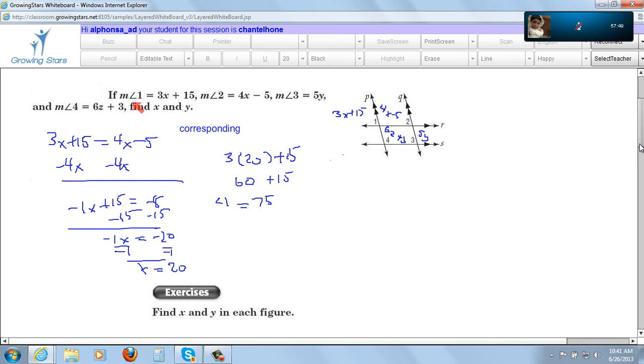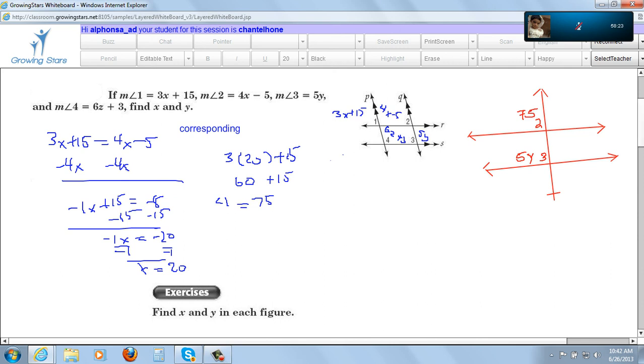Now we are trying to find the value of y, and y is related to the measure of angle 3. Now see, this is the transversal. This is our angle 2, this is our angle 3 and this is 5y. Angle 2 is 75.